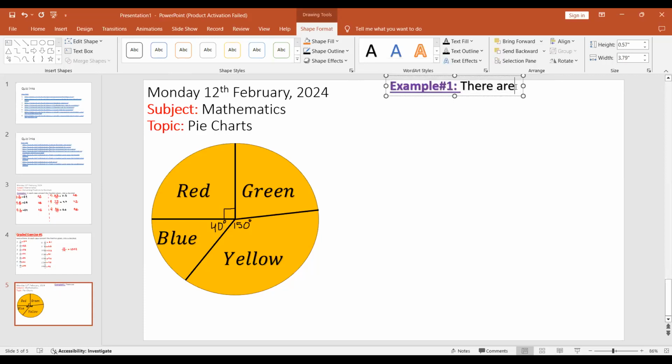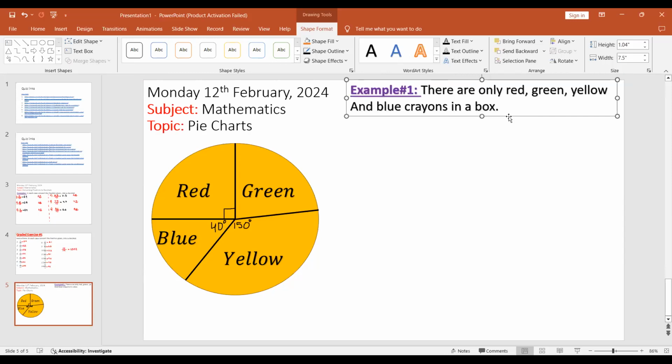All right, so there are only red, green, yellow, and blue crayons in a box.